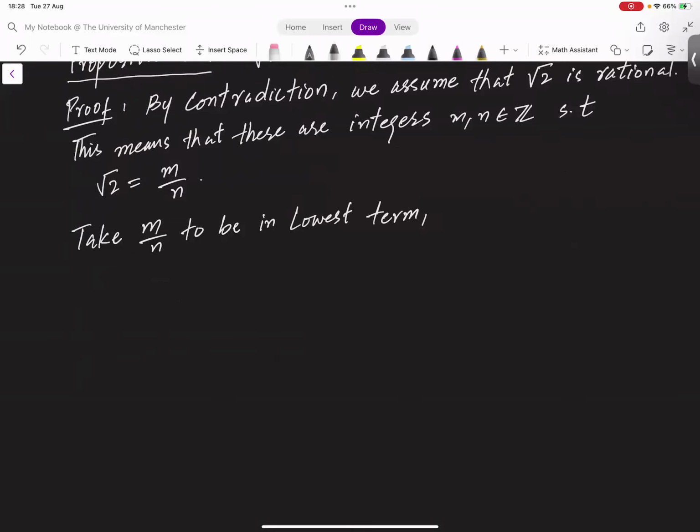Square the above equation, let's name it star, square star on both sides.